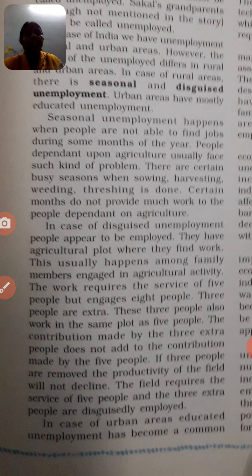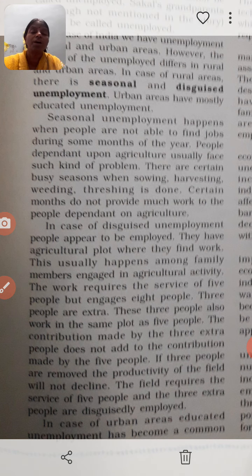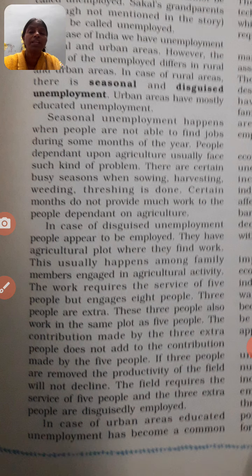They have the potential to work for more hours, but because they could not get other work or other engagement, they all go to the same smaller plot and work for a few hours. No one is working full hours. In this way the unemployment remains hidden or invisible.